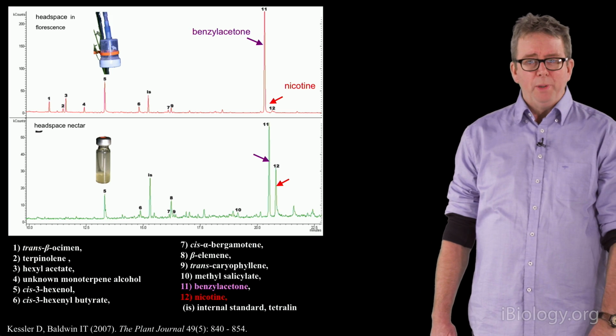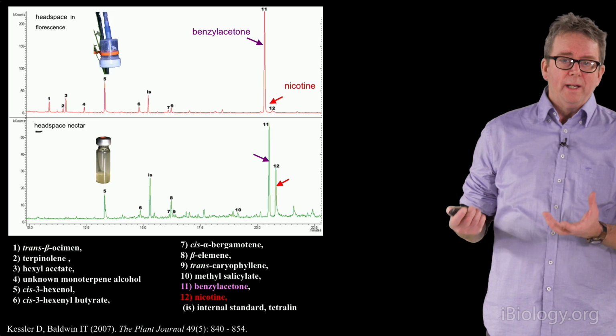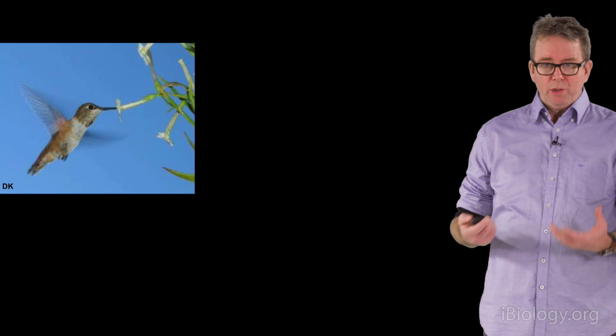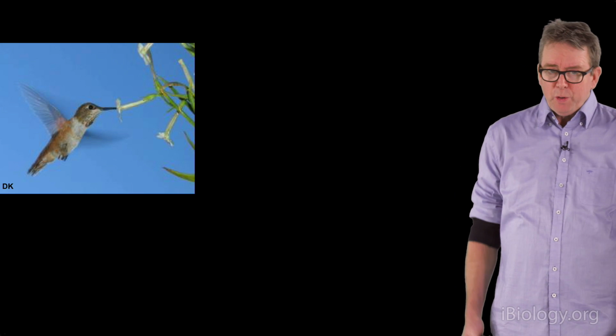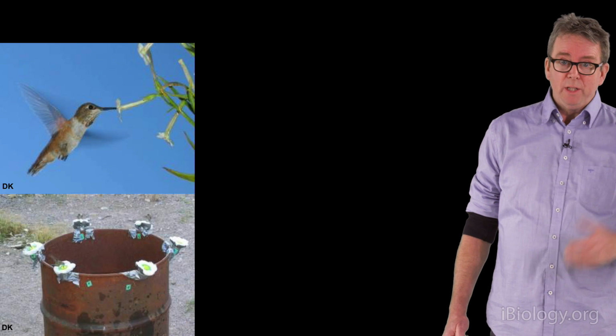Why would you want to put a poison in the very nectar, the very reward that you're trying to use to attract pollinators with? So the first question we had was, well, maybe nicotine isn't a repellent for hummingbirds, and maybe even nicotine allows hummingbirds to become addicted to these flowers.